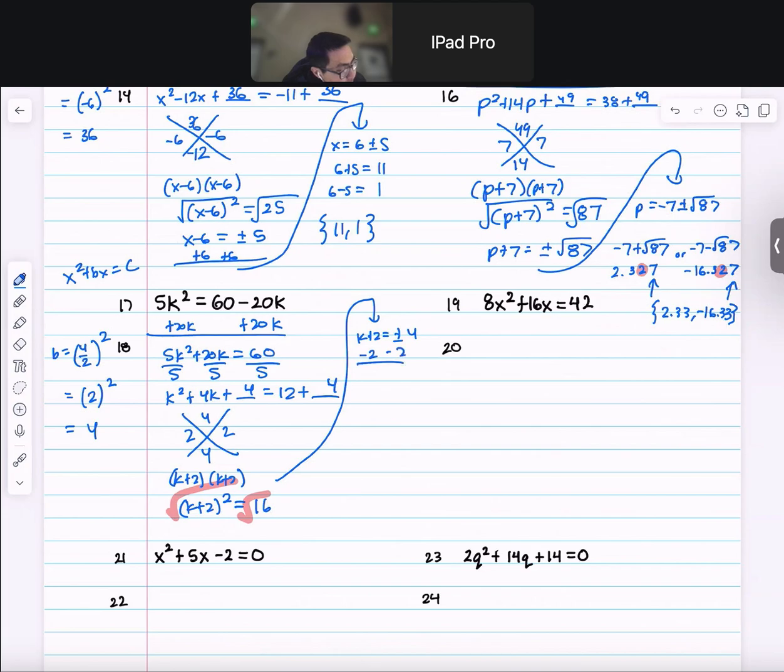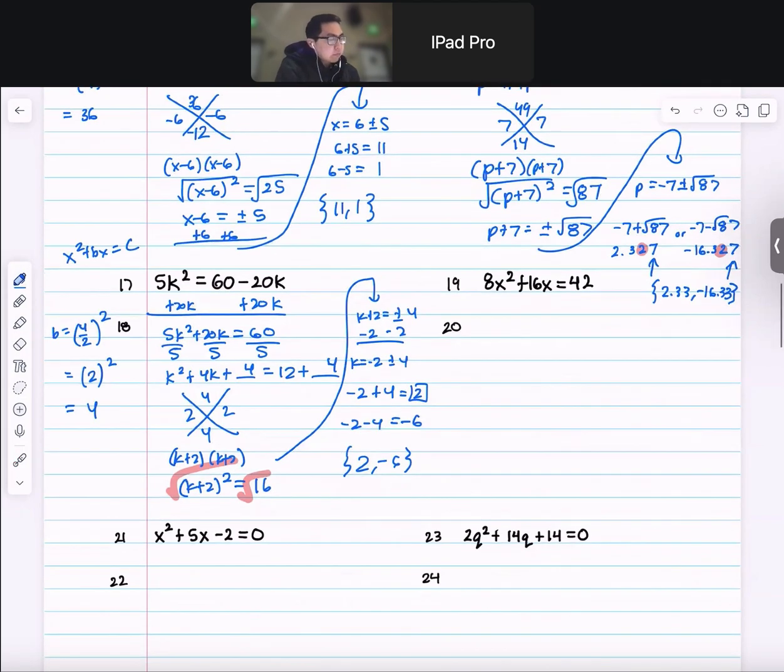So subtract 2 from both sides. K equals negative 2 plus or minus 4. So we got negative 2 plus 4 or negative 2 minus 4. This one's 2, and this one's negative 6. 2 and negative 6 should be your answer, right? So again, the magic number, or the number to complete the square, you added 4 to each side, and the answer is 2 and negative 6.